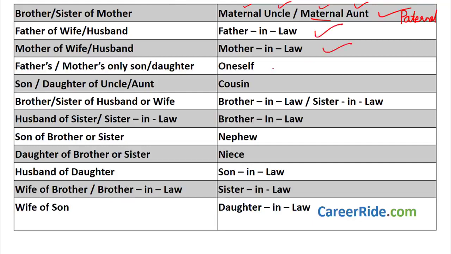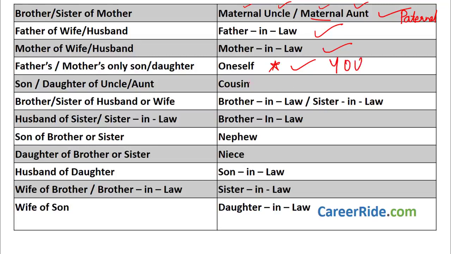Now this is an important one, please remember: father's or mother's only son or daughter is you yourself. Whenever there is an example which says that this person is the only son or only daughter of your father and mother, then that means they are talking about you.